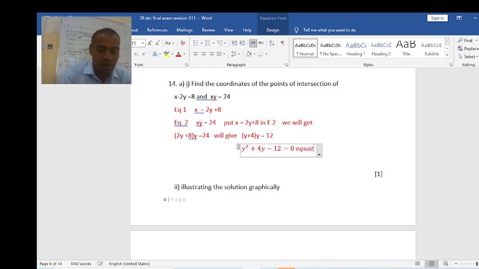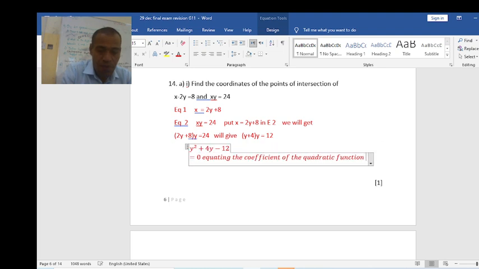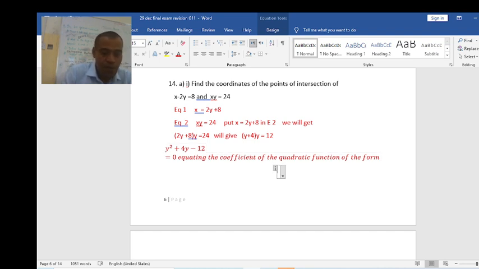Now you will try to solve this question by equating coefficients of the quadratic function of the form a y squared plus b y plus c.